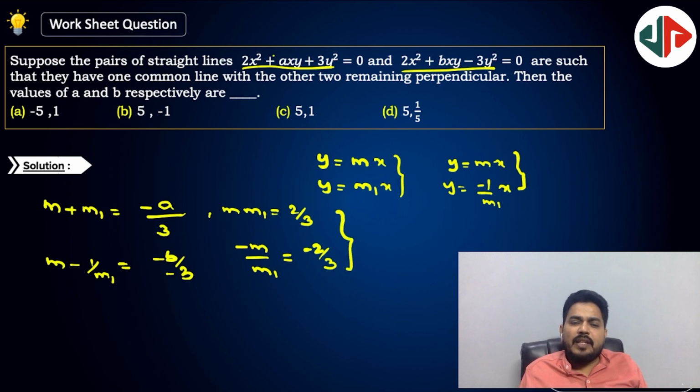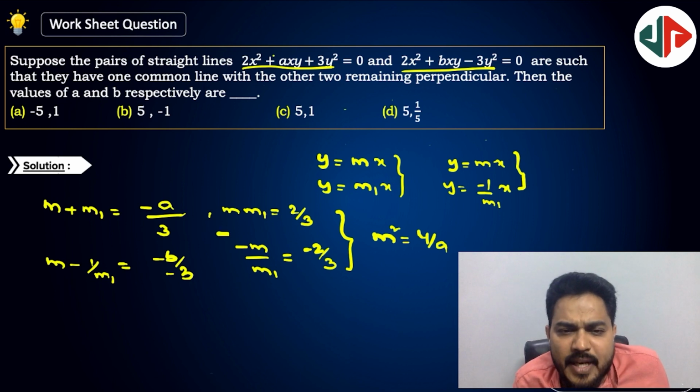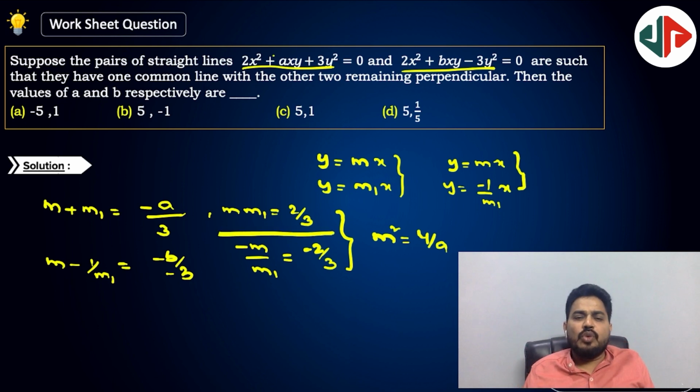So from here, product m square is equal to 4 by 9, and from here 1 by other, if I do m cancel, minus minus cancel, m1 square. Okay, so when you multiply and when you divide, m1 square is equal to 1.